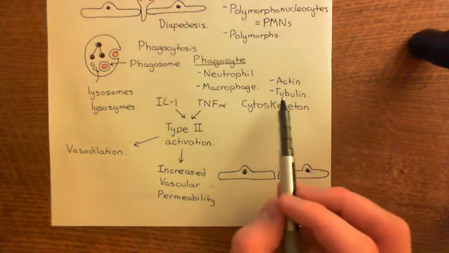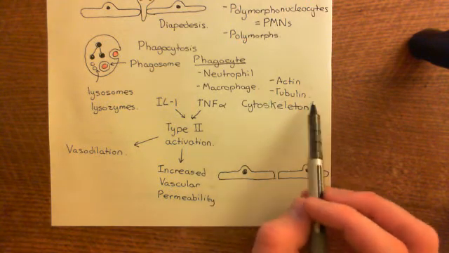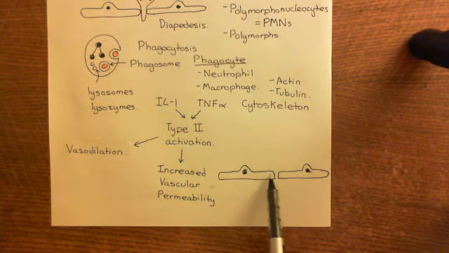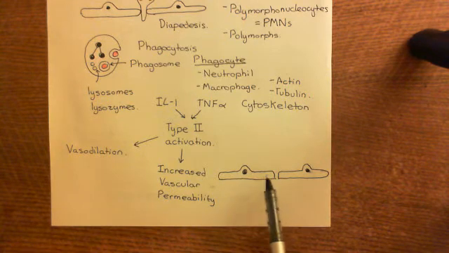Okay, and these are two of the major cytoskeletal components. Now if you were to dismantle all of the actin and tubulin filaments in this edge of the endothelial cell over here, then the cell membrane would just flop. It wouldn't maintain its structure if it wasn't being held up by the cytoskeleton, so it would flop back.